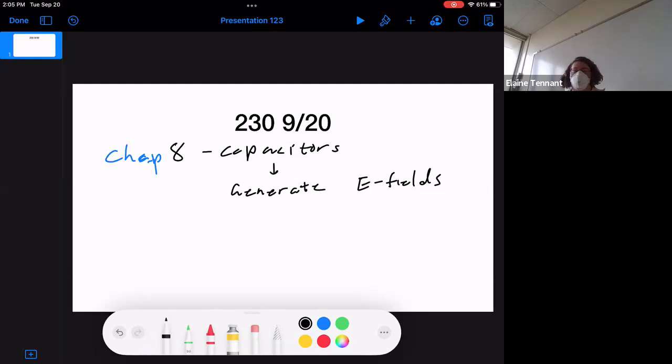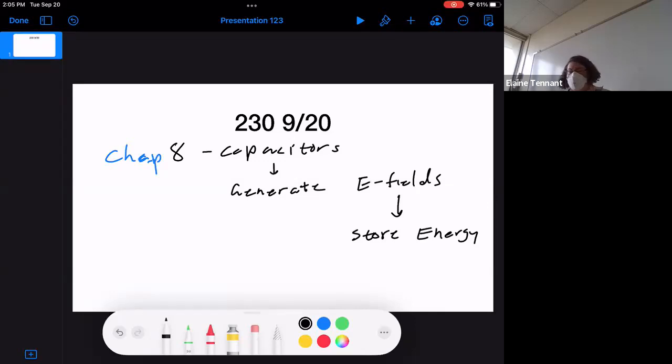So that's kind of what you might think about capacitors as, a way to generate electric fields. More practically, when we generate electric fields, these electric fields store energy.